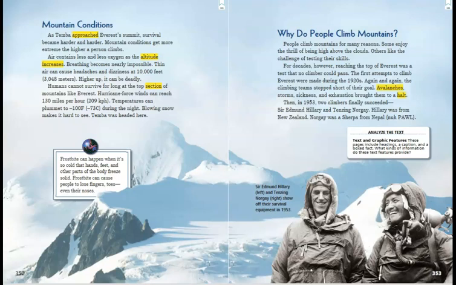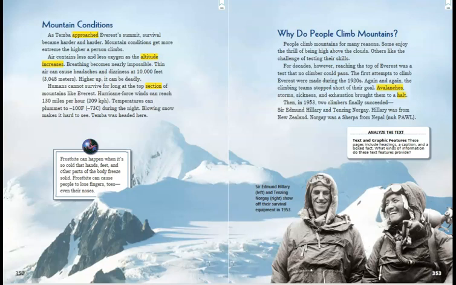Okay, our next heading says mountain conditions. So we're going to be finding out all about what it's like on the mountain. As Temba approached, there's that vocabulary word. I see a few more on this page. As Temba approached Everest's summit, survival became harder and harder.